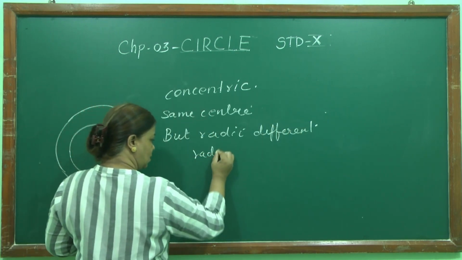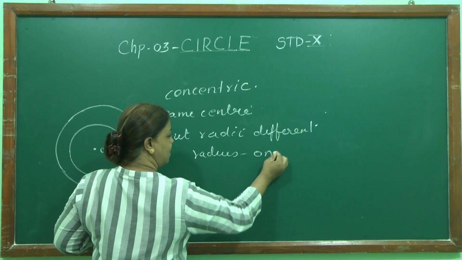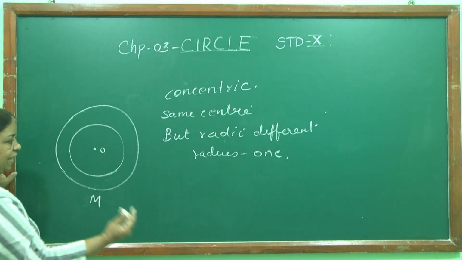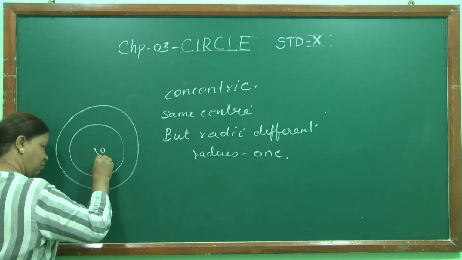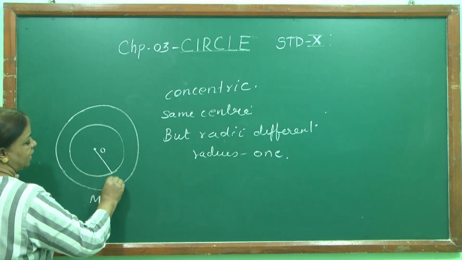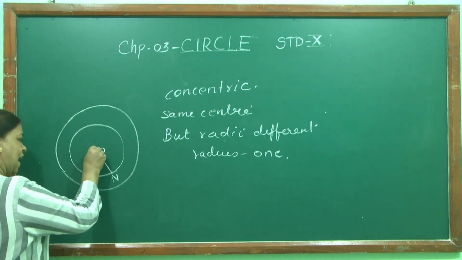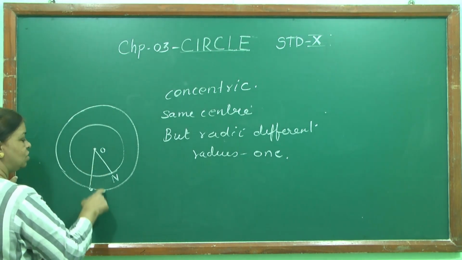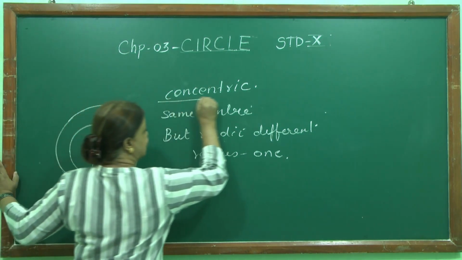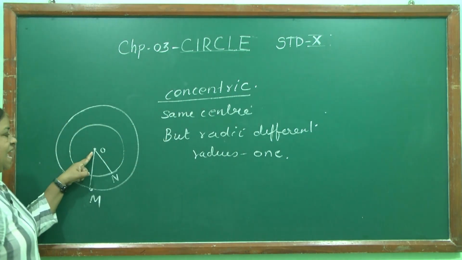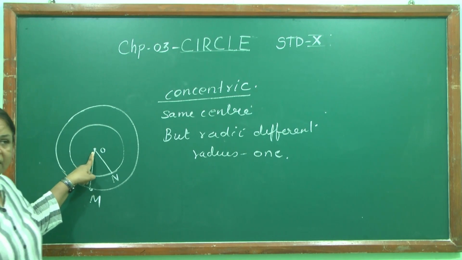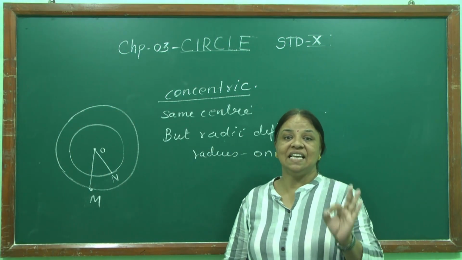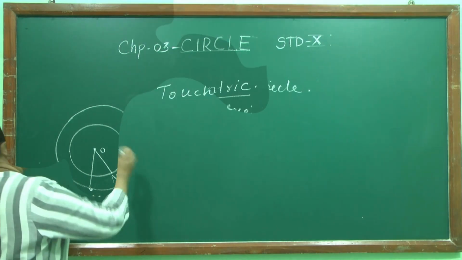Radius means one and radii means more than one. So here there are two radii. For the smaller circle, the radius is ON, and for the bigger circle, the radius is OM. But these two circles are said to be concentric. Why? Because they have the same center, therefore they are called concentric circles.